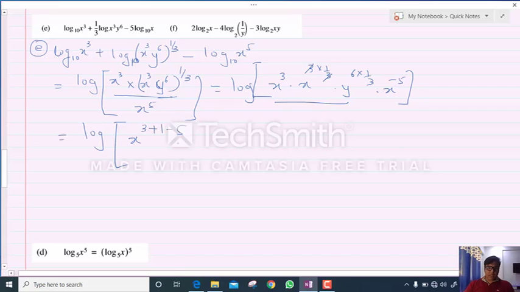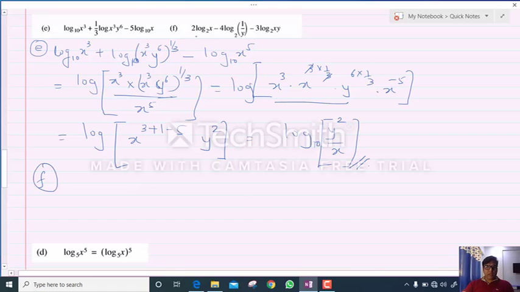This is minus 5, and next I have y raised to 2. I hope that is understood, right? So that gives you log of y square in the numerator, and x raised to minus 1 turns out to be x in the denominator, right? If you write it as it is, it's fine. This is to the base 10. That's your answer. I hope that's understood, right? Okay, just go through this once again. If there's any problem, just post me.